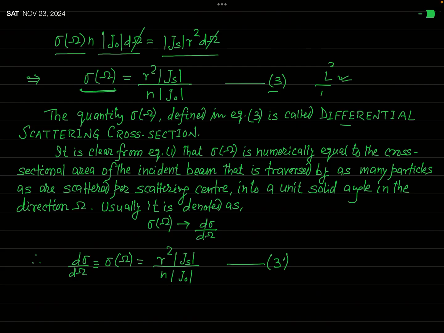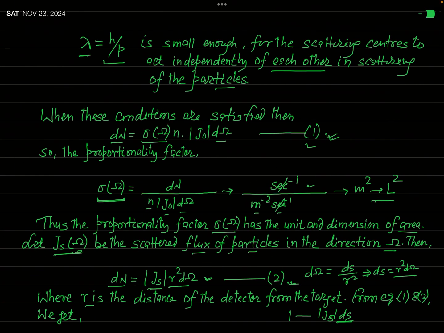So this result proves our earlier statement that this quantity sigma of omega has the dimension of area. Now, this equation 1 shows that sigma of omega is numerically equal to the cross-sectional area of the incident beam that is traversed by as many particles as are scattered per scattering center into a unit solid angle in the direction of omega.